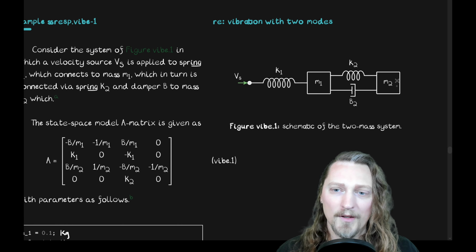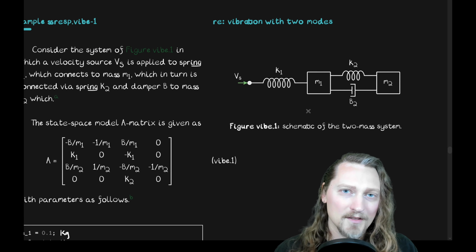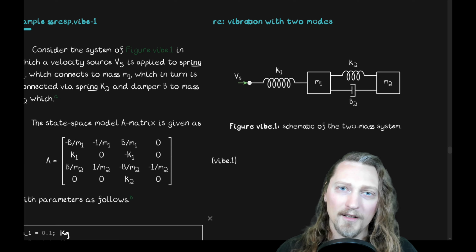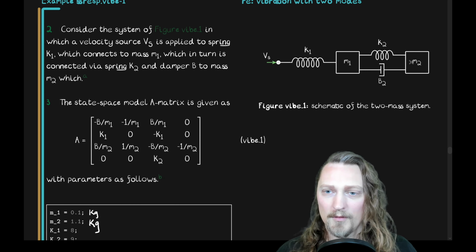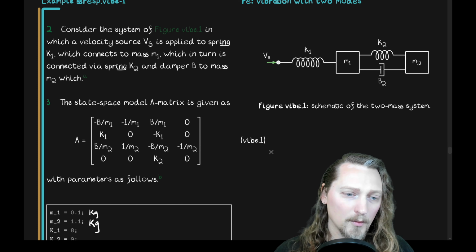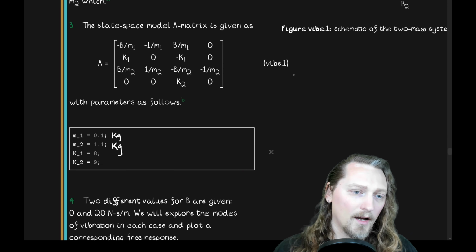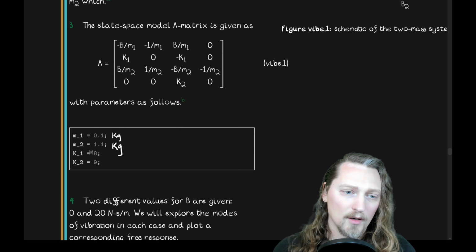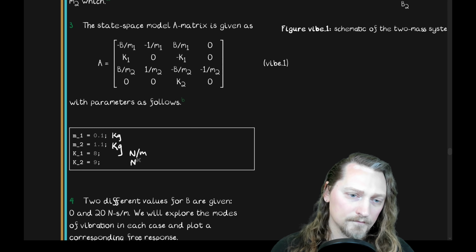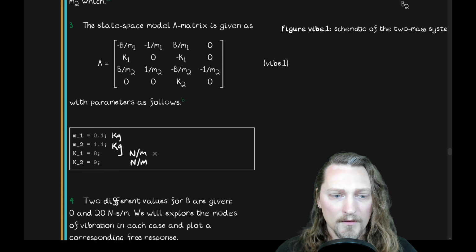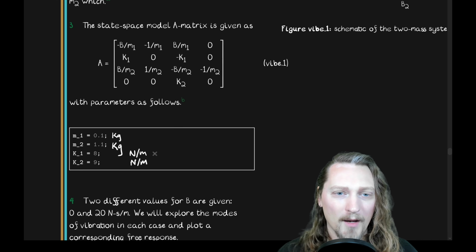Mass 2 is the heavy one, and mass 1 is just the little guy hanging out here. But all of the transmission of the input goes through that mass 1, so it's important. Great. K1 and K2 are about the same, 8 and 9 Newton per meter. So those are the parameters that we have.